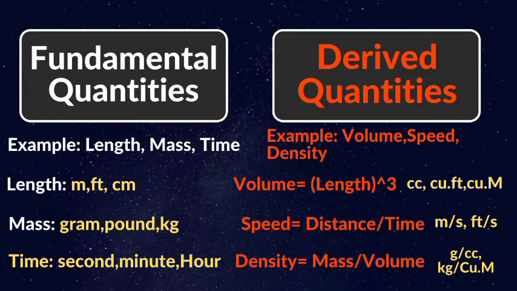Now volume, length cube, so expressed in cubic centimeter or cubic feet or cubic meter. Speed, distance divided by time, that is length by time, so meter per second or feet per second. Density, mass by volume, let's say, gram per cc or kg per cubic meter.